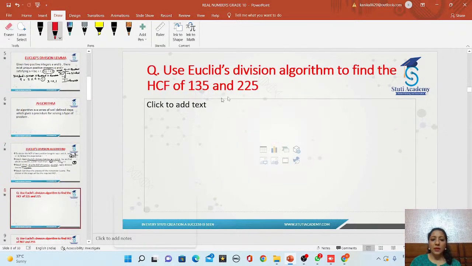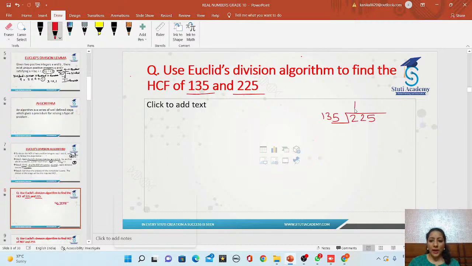So just see, we have a question where we have to use Euclid's division algorithm to find the HCF of 135 and 225. As we can see, 225 is greater than 135, so we are going to divide 225 by 135.